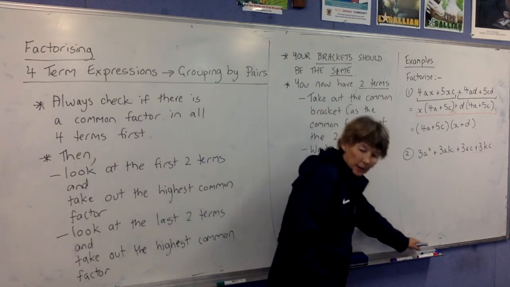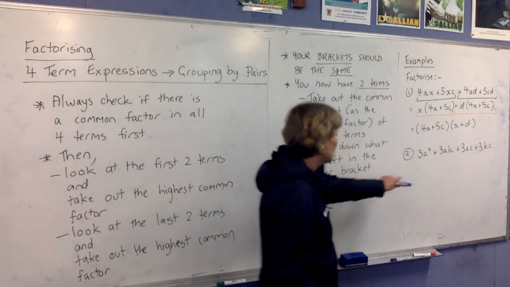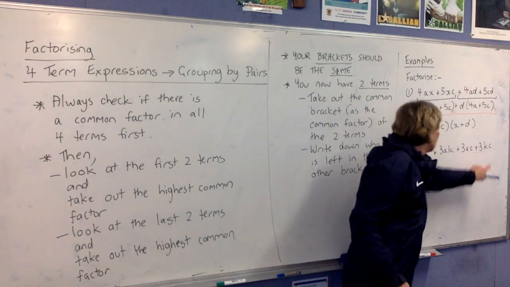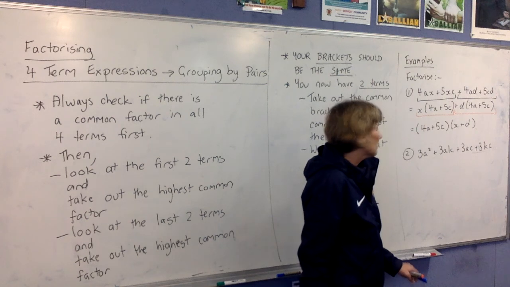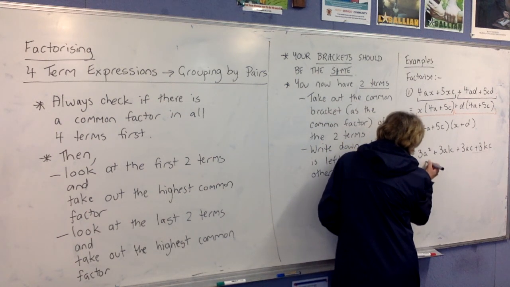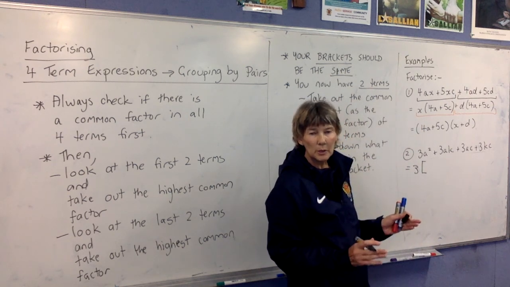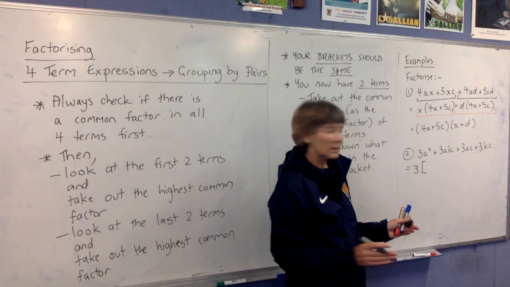So if we have a look at it now, in all four terms, we've got a 3 in all of them, and that's the only thing that's common. So we're going to take that out, and then we're going to write down everything that's left. I'm just sticking to a square bracket because we're going to have the round brackets later.